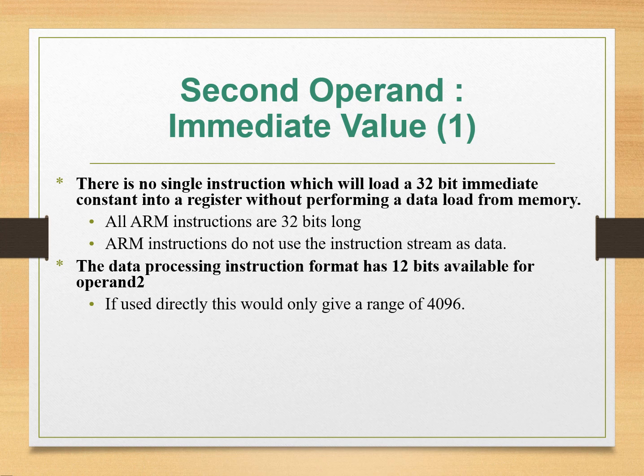The data processing instruction format has 12 bits. If you look back at the data processing instruction format, for the second operand immediate value, only 12 bits are available for operand 2. If you use all 12 bits directly, you can have a range from 0 until 4096.